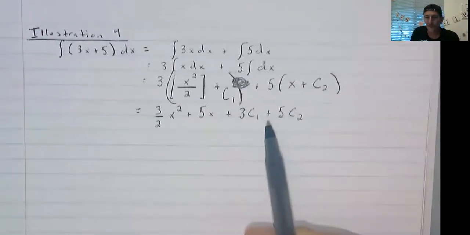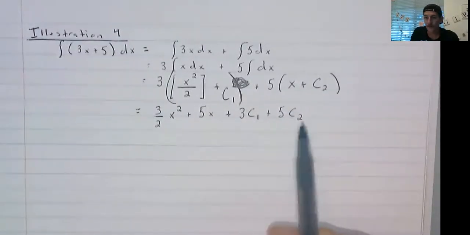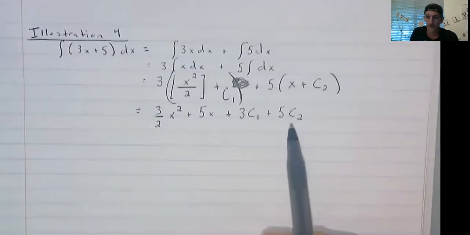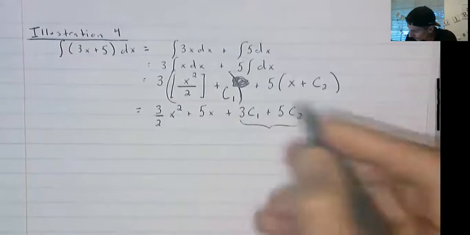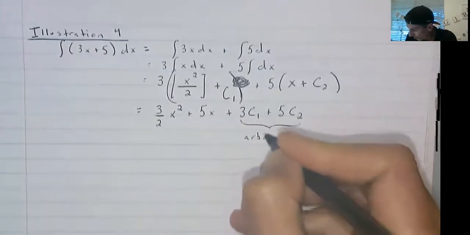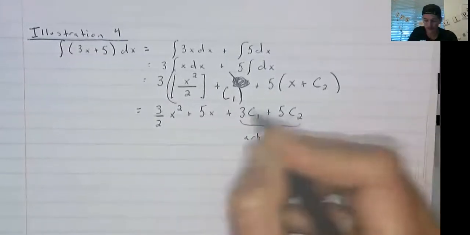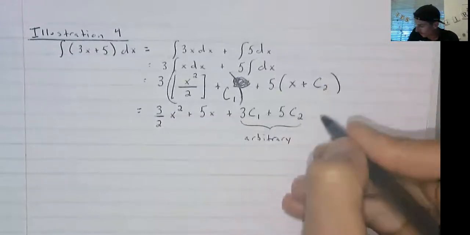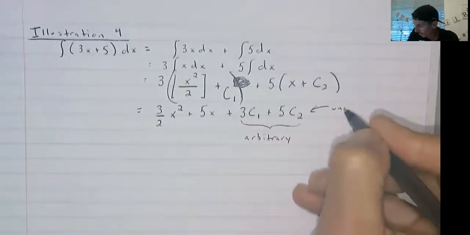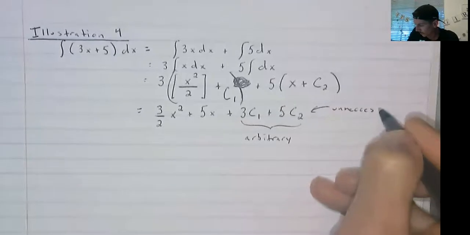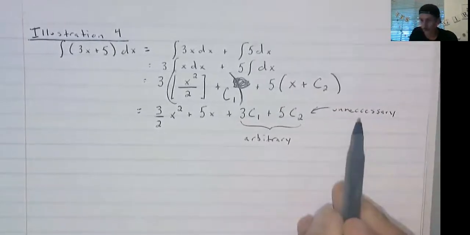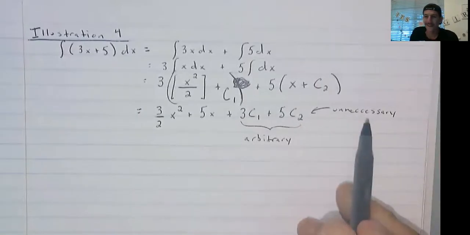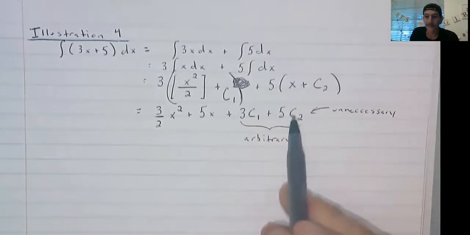But let's consider this. These are arbitrary constants that are just being multiplied and added together. Okay, this whole thing is arbitrary. There is no purpose to listing these separately. Okay, this is unnecessary. I think that's too many C's. Not needed.